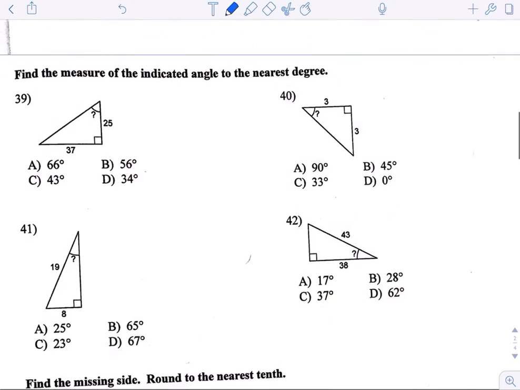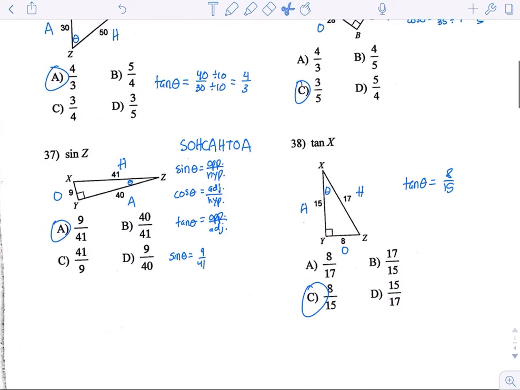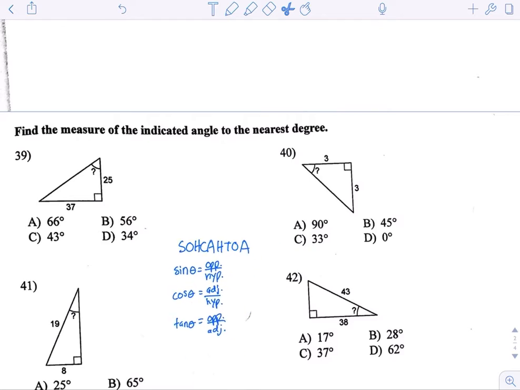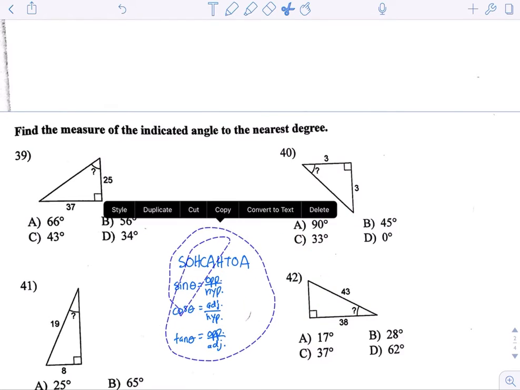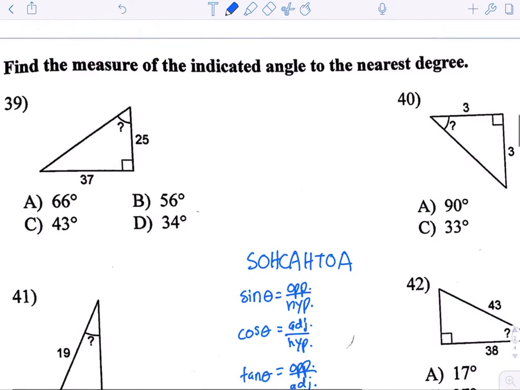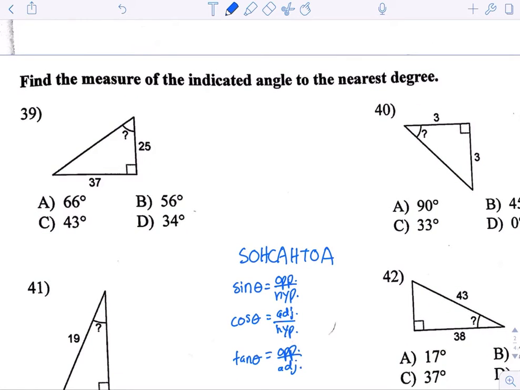All right, I'll still continue to drag this along because a lot of this stuff we are using. All right, so for 39, it says we gotta find this angle measurement, okay? We need to solve for the angle. So hypotenuse, opposite, adjacent.